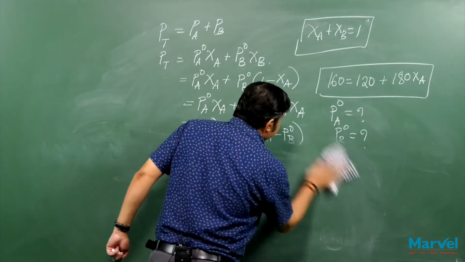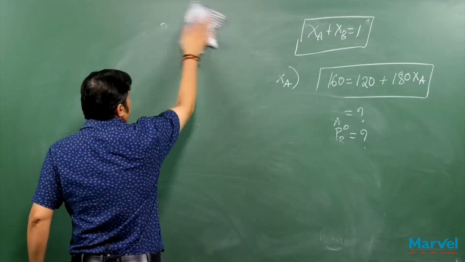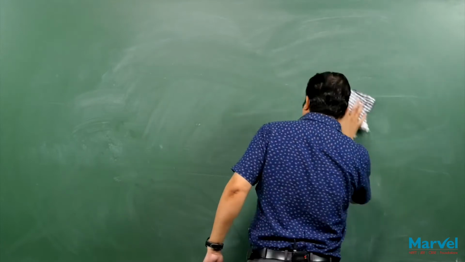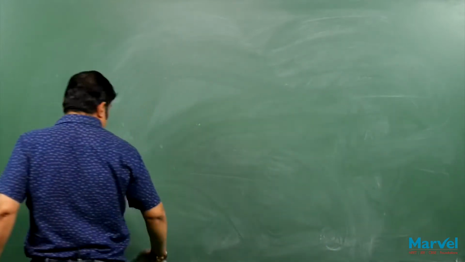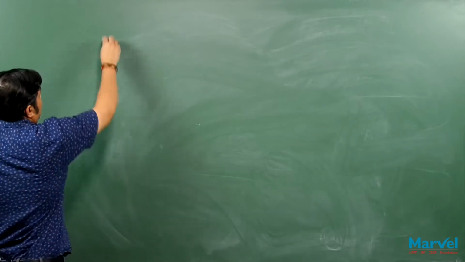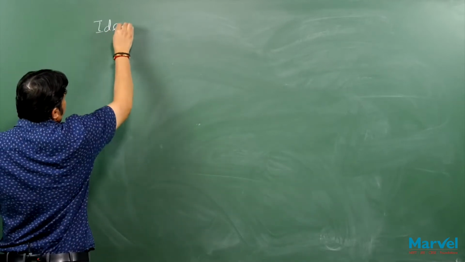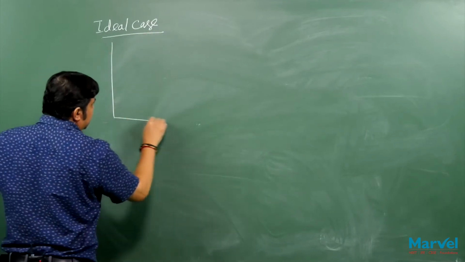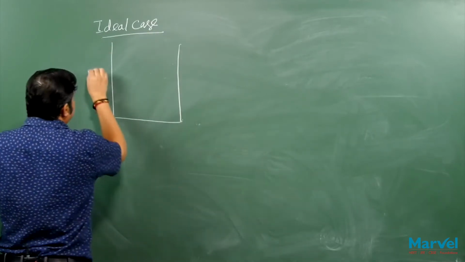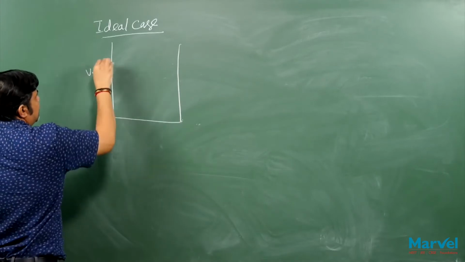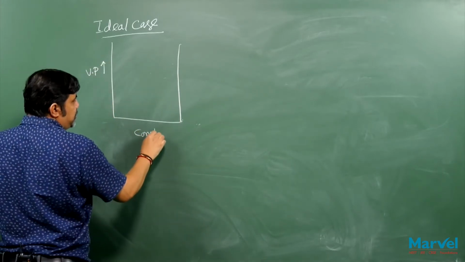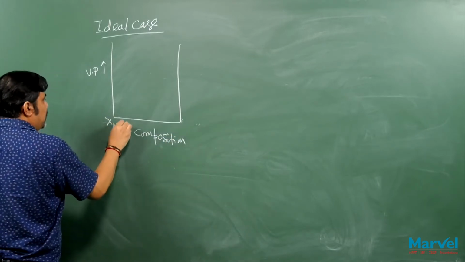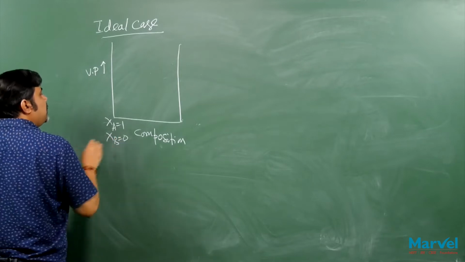So for the ideal case, I will draw a picture and then explain one by one. The ideal case picture of Raoult's law, we already explained. Plot vapor pressure versus composition. This direction is vapor pressure and this is composition. Here the mole fraction of A equals 1 and mole fraction of B equals 0.